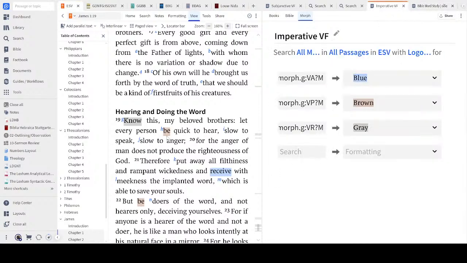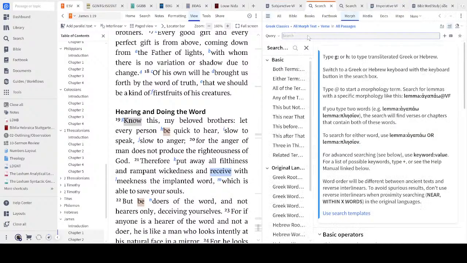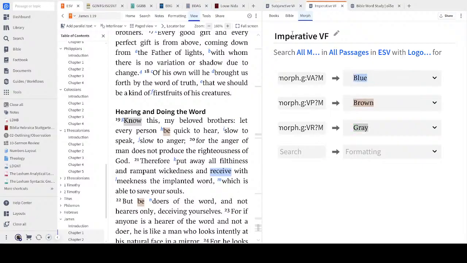Next, I'm going to do a search. I don't want to search the Greek classics at all. I want to find some other imperative ones that could be.